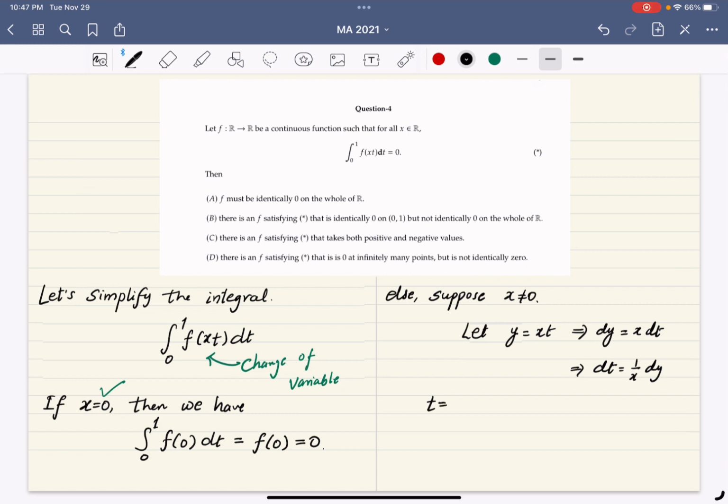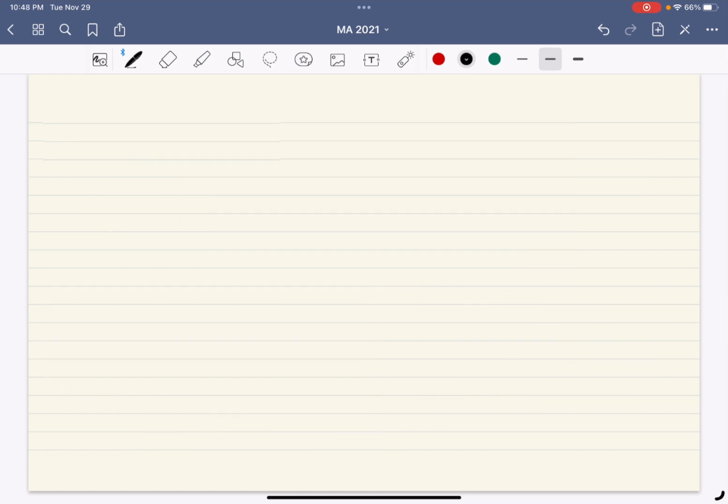Very good. Now the limit of the integral also changes from the change of variable. t goes from 0 to 1. This implies y is from 0 to x. Now that we have performed change of variable, we get the following. The given integral star is this.